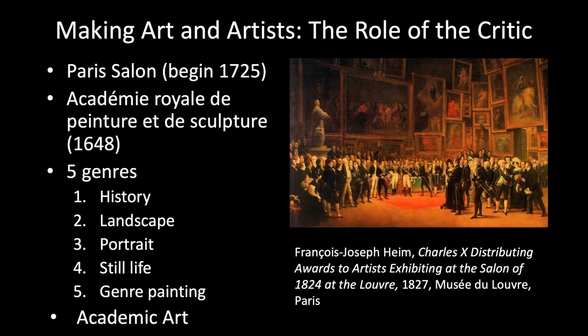And then there's still life. And a still life is what you probably expect it to be. It's a painting of a bunch of things on a table and nothing moves because nothing's alive. And you might think, why is a bunch of fruit or something on a table more important than genre painting?